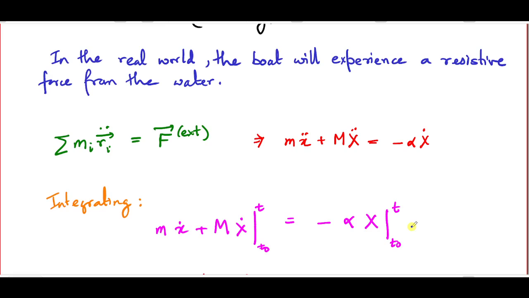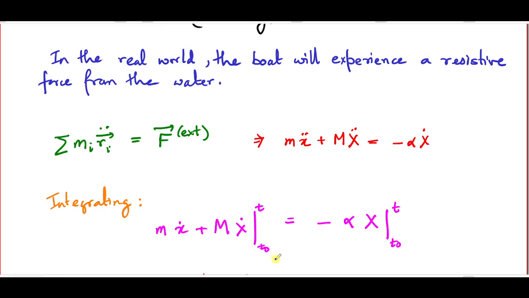Now, finally, what we will end up with is a situation where everything settles down. Small x dot vanishes, so does capital X dot. Neither the boatman nor the boat is moving. So the left-hand side vanishes because initially neither the boatman nor the boat was moving.